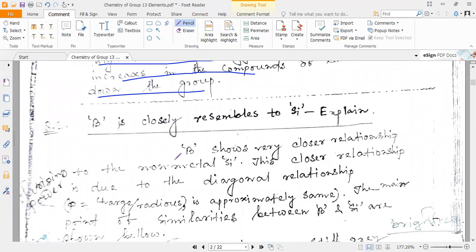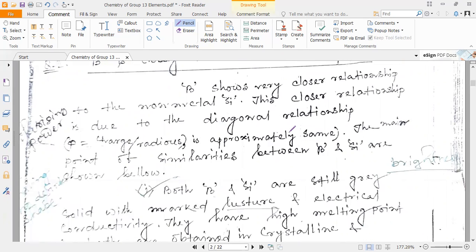Coming to the next important question, which has also come in different university exams: why does boron closely resemble silicon? Explain. These are a few important points you have to understand.